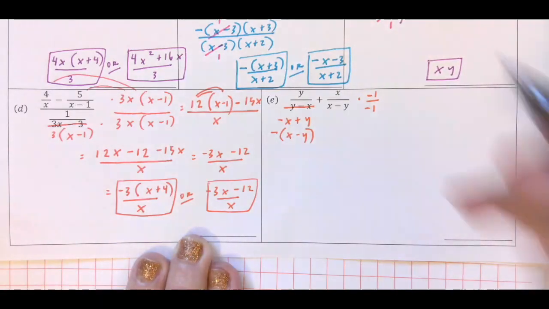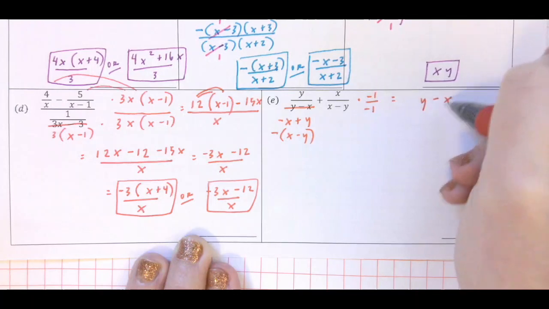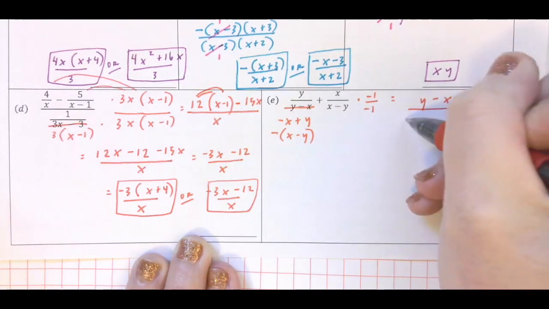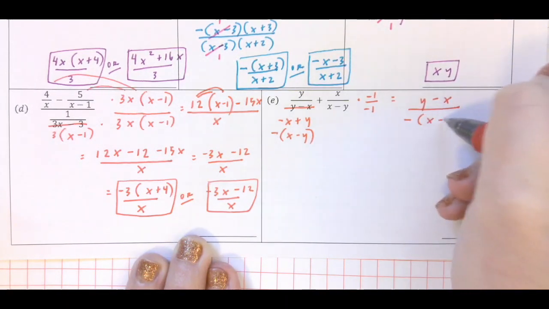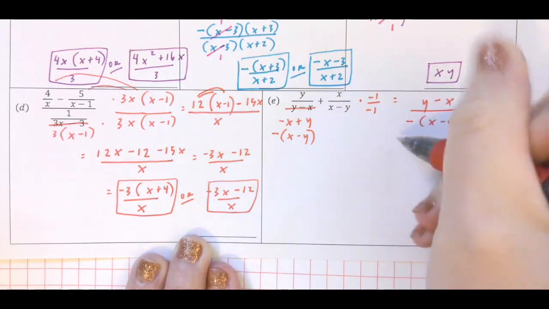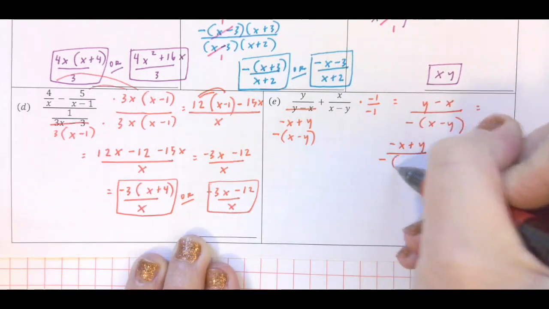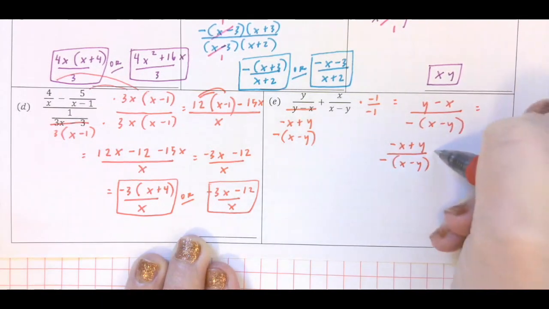Okay, so now once I do that, on top I'll have y minus x, and on bottom I have a negative 1 times (x minus y). Okay, let me whip this around to negative x plus y over negative 1 times (x minus y).